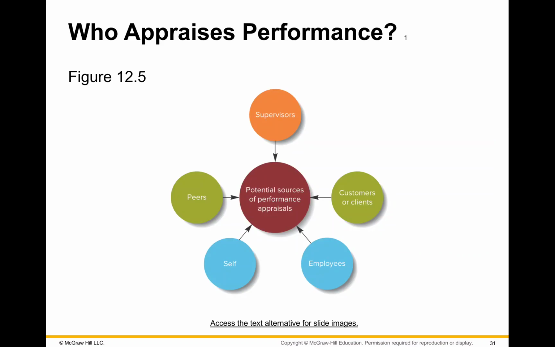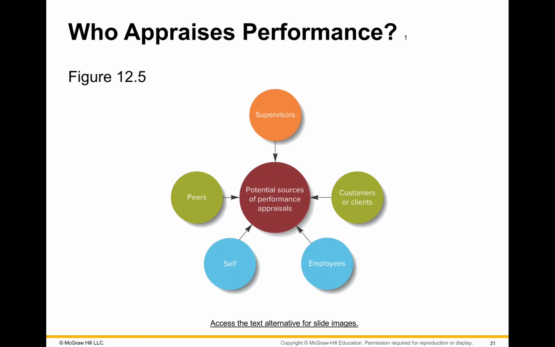So who appraises the performance? Normally the supervisor. We know that supervisors are appraisers of performance, but it can be other sources as well: supervisors, self appraisers, peer appraisers, or sometimes customers, or employees can appraise the manager's performance. In self appraisal, employees assess their own performance.